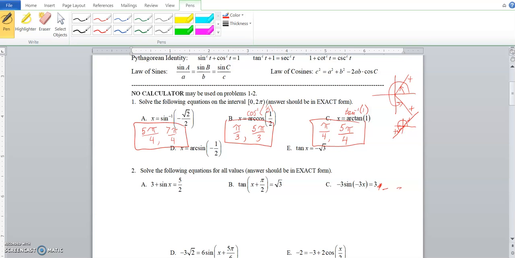Okay. Same thing, we can just keep going. Part D, arc sine, which is just sine inverse of negative a half. Sine is negative down here and here. So where is sine equal to a half? And then we'll put that into the right quadrant. It's pi over 6 here to give us a positive, so that's our reference angle of pi over 6.